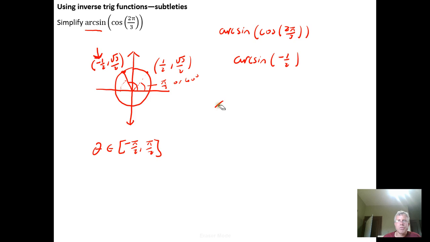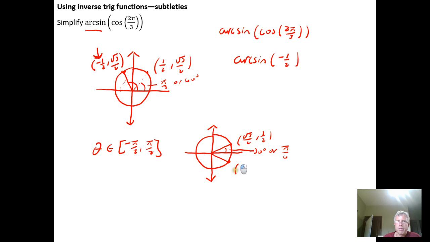So just quickly scratching in a second unit circle, just because my first one's a bit busy, what I want to identify is that a side ratio of positive 1/2 is generated by a pi over 6 or 30 degree angle, where we have root 3 over 2 comma 1/2. This is a 30 degree angle here, or pi over 6 radians. So to get the negative 1/2, I need to reflect this point down into quadrant 4, which is going to give me root 3 over 2 comma negative 1/2.